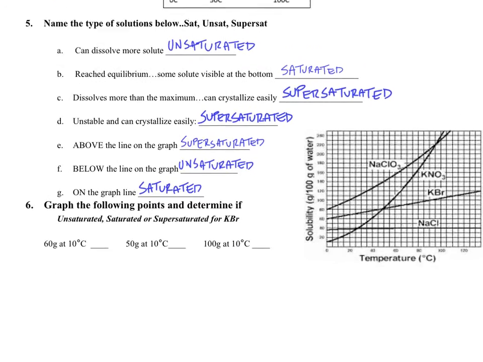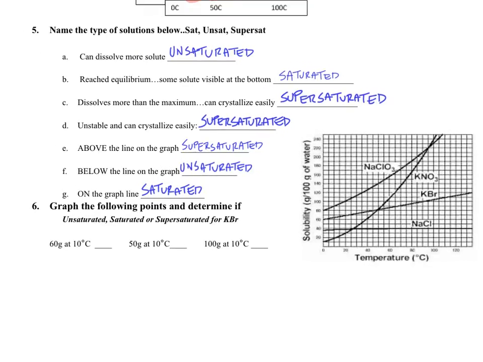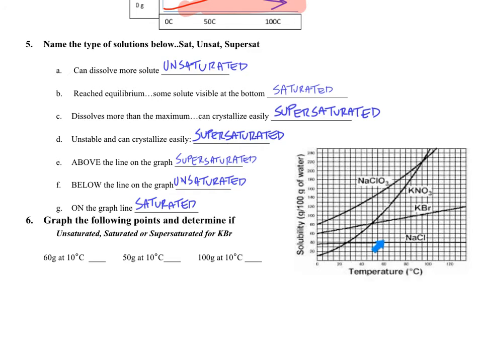So let's go ahead and look at this last part. I've got a solubility graph over here on the right. I've got some solutions: sodium chlorate, potassium nitrate, potassium bromide, and sodium chloride. I want to determine if, given these circumstances, that is unsaturated, saturated, or supersaturated for KBr, potassium bromide.